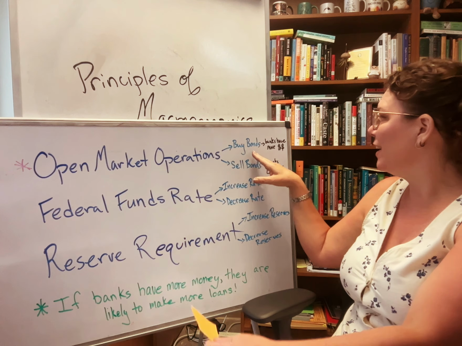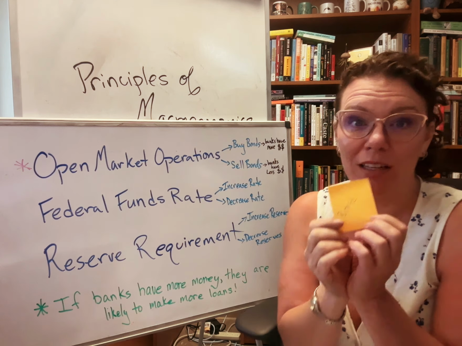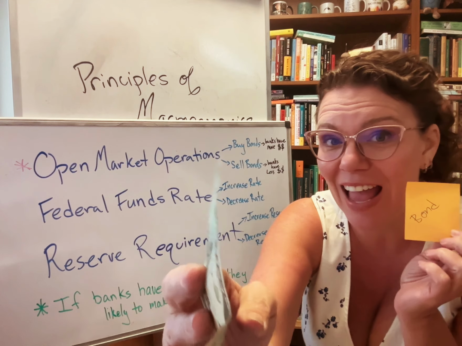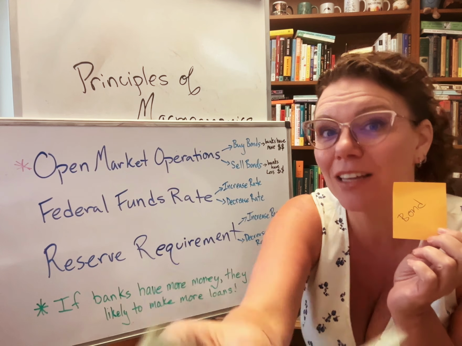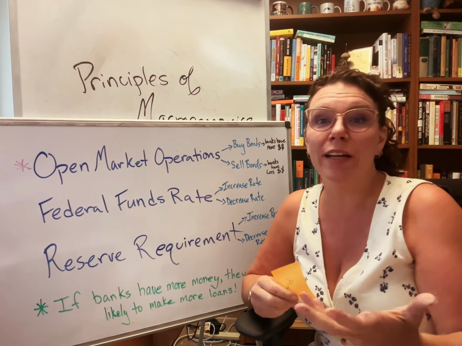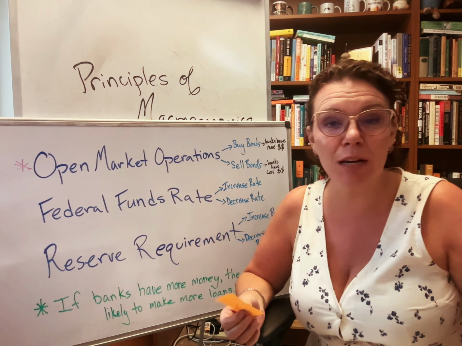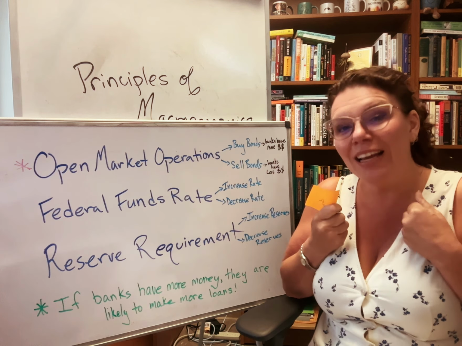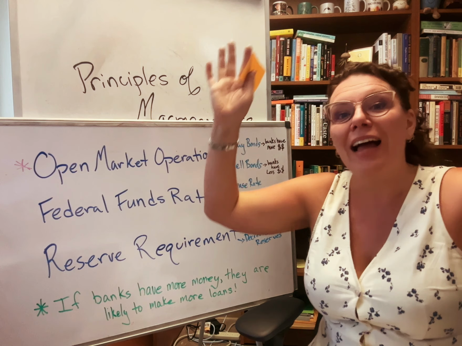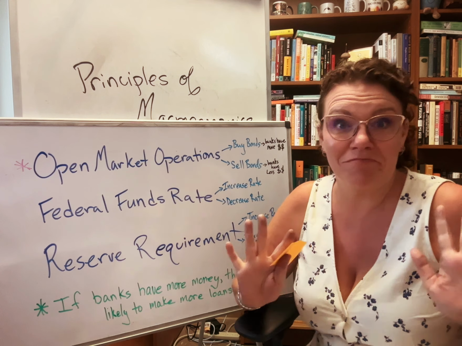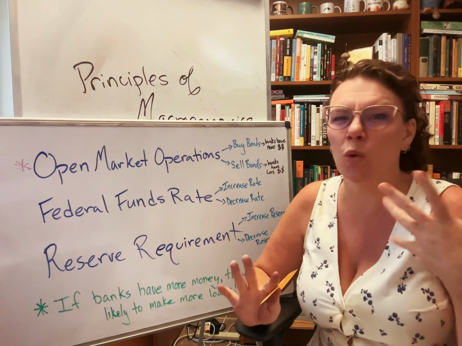On the other hand, if I am selling bonds to the bank instead of cash, they have less cash to make loans, and so they're going to be issuing fewer loans. There's going to be less money circulating through the economy. Money supply contracts, interest rates go up, aggregate demand shrinks. Hopefully that makes sense. We'll walk through it some more.